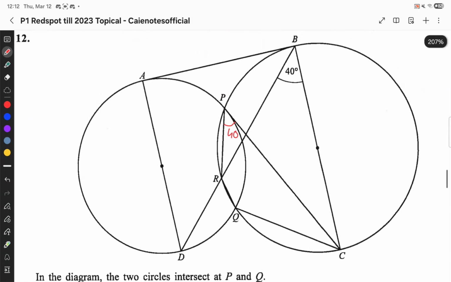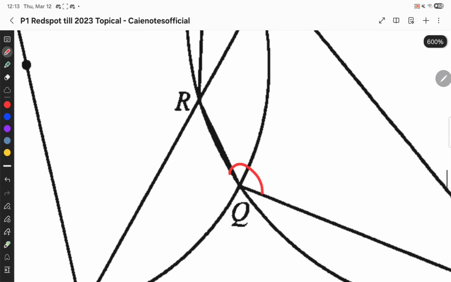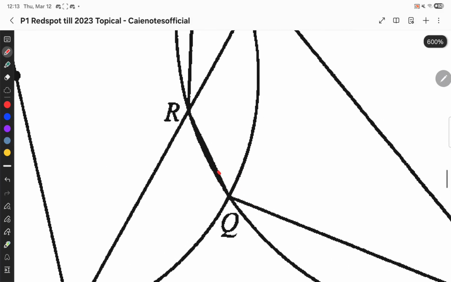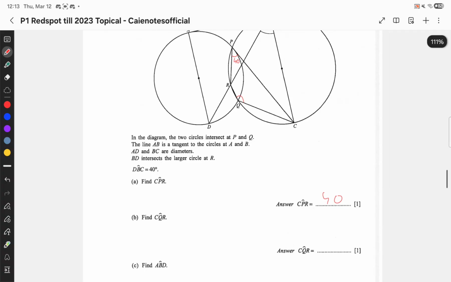CQR. Next is C, Q and R. Now this is hard to do because of the diagram. This will be like HD, Ultra HD in the PDF, of course. And how do we do this? We look opposite to it, we cannot find anything.